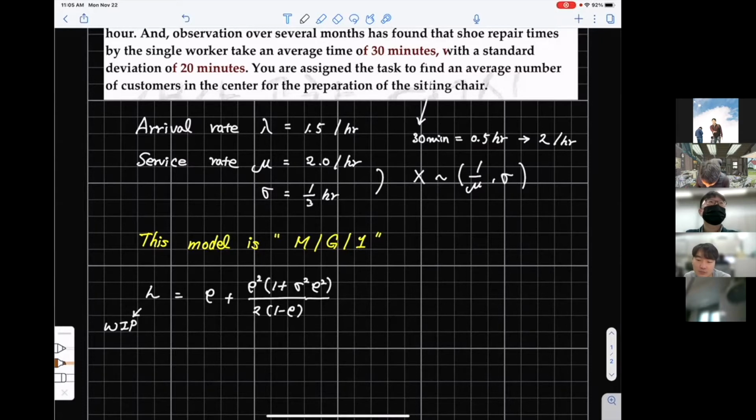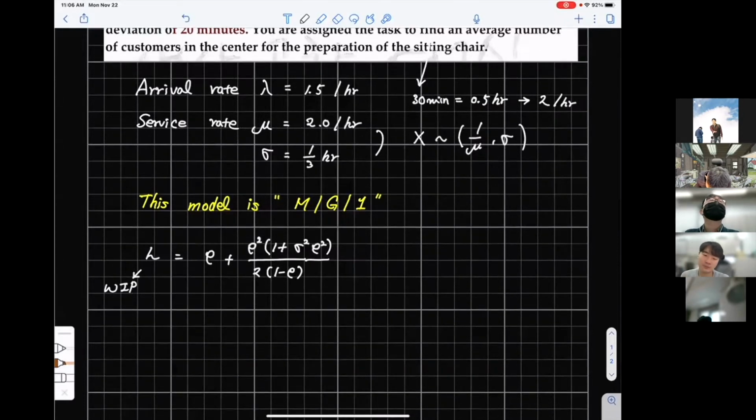Now, the only thing that we have to do is calculate this formula. And before calculation, we have to find some parameters. Rho is utilization. So this is defined as lambda over mu.